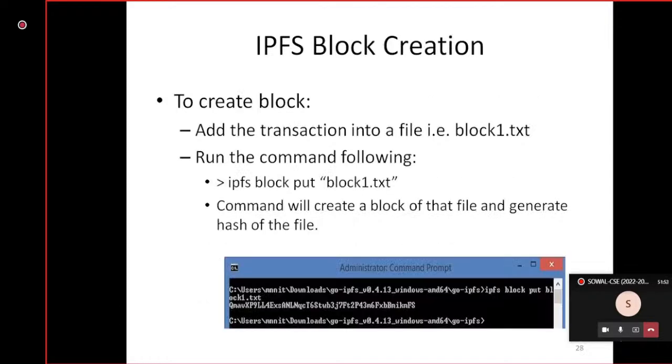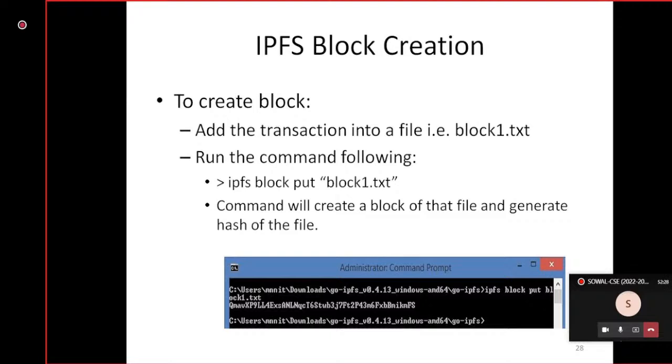So this is an example, if any of you are interested. I want to show you how this can happen. Suppose I have created a transaction in a particular file called block1.txt, and I have a complete IPFS network underneath. If I put the command ipfs block put and give the file name, the file is stored in IPFS in the form of a block, and it generates the hash value of that block.